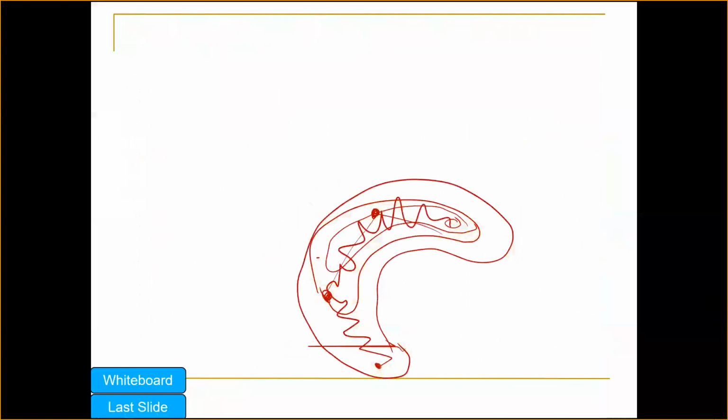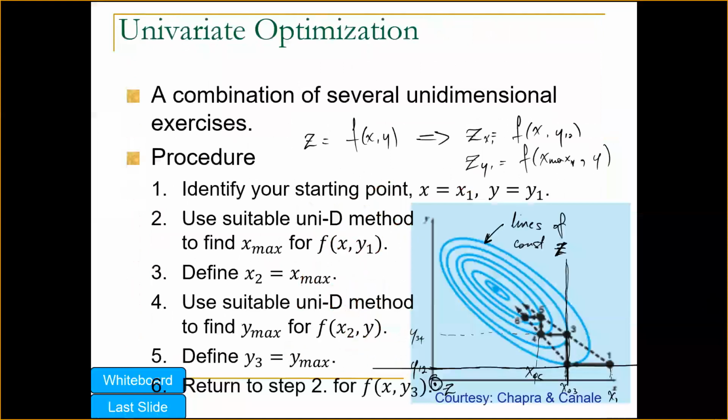The next method is really the more popular one. Everybody is clear on univariate. So let's read the procedure now. I've explained it, just read it. You start at a certain location. You use one of the unidimensional methods like golden section. Find the max.